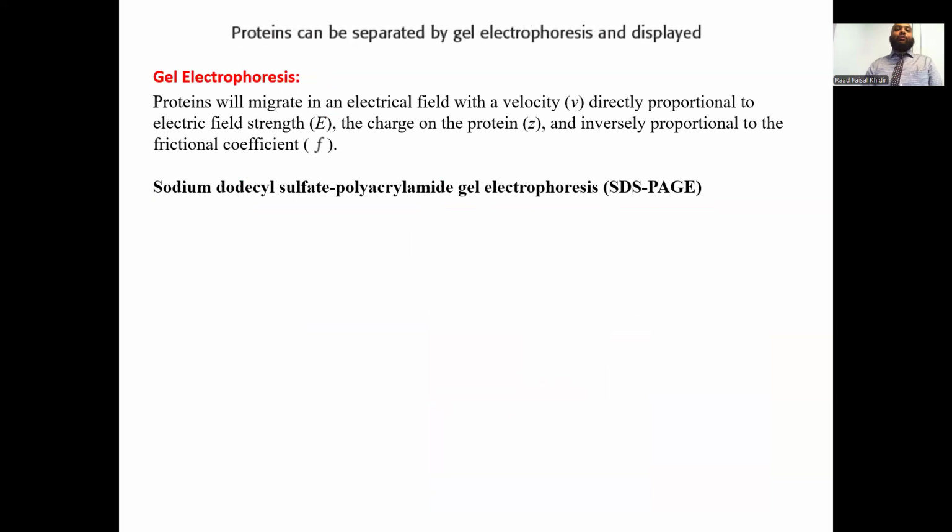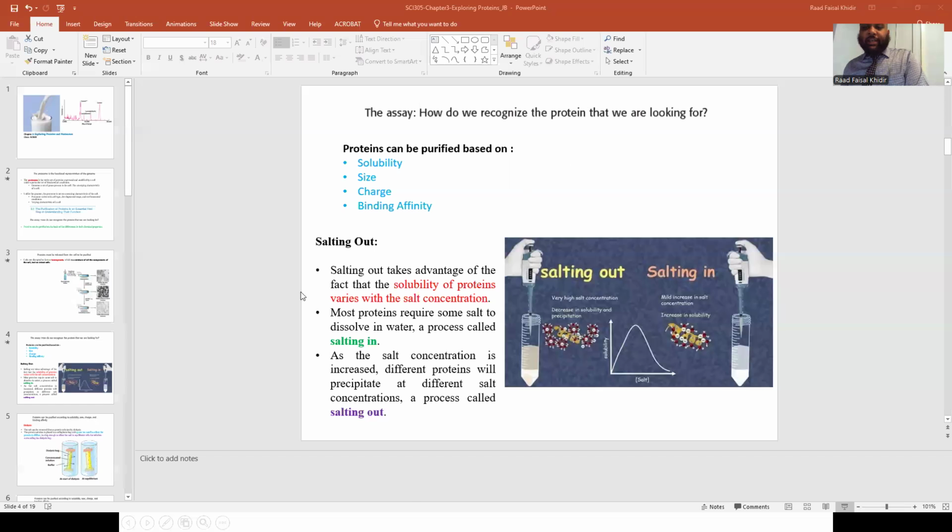Now, gel electrophoresis. Proteins will migrate in an electrical field. That's based on electricity, with a velocity v directly proportional to the electric field E and the charge on the protein Z, and inversely proportional to the frictional coefficient. Sodium dodecyl sulfate, SDS-PAGE, is an example of that.